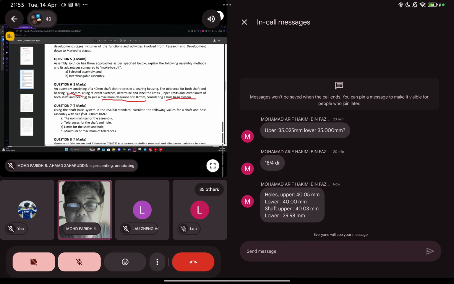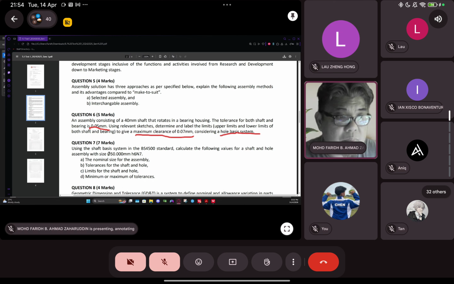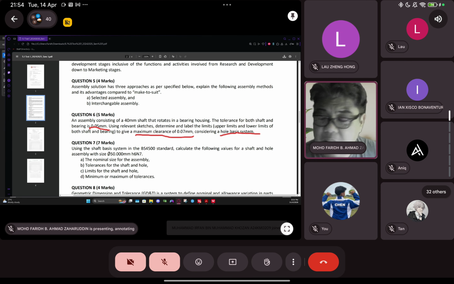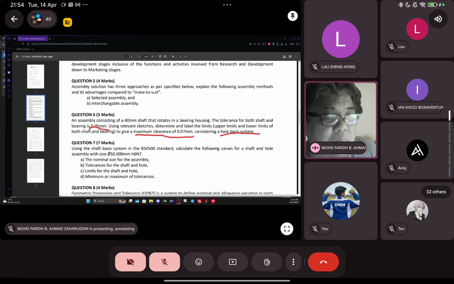Okay, another answer. What is the answer for the shaft? The maximum, the upper limit is 40.030 mm and the lower limit is 39.980 mm.